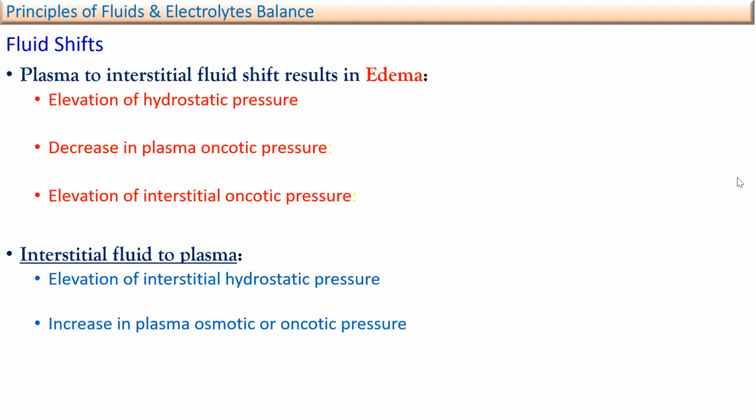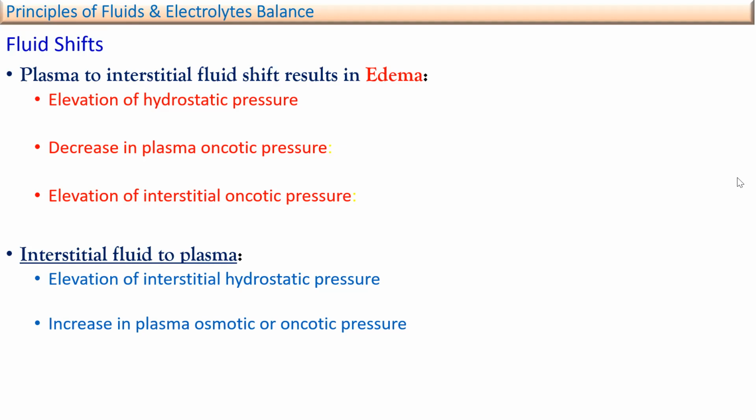An example of this would be when someone wears elastic stockings or compression devices, the TED stockings, which put some pressure on the interstitial space to push the fluid out of the interstitial space back to the plasma or blood vessels.